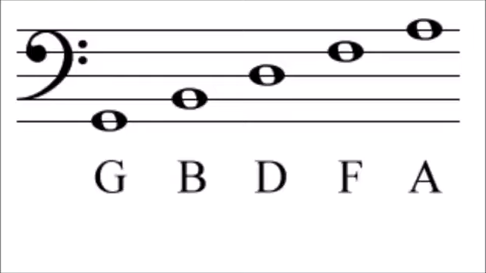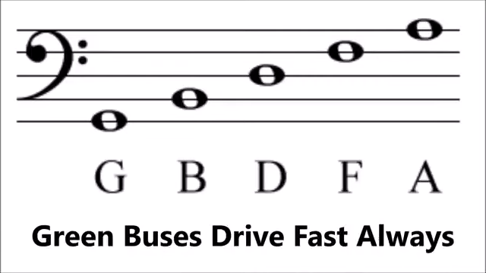Line 1 is named G. Line 2 is named B. Line 3 is named D. Line 4 is named F. And line 5 is named A. This gives us G, B, D, F, A. There are quite a few phrases for this, such as green buses drive fast always, or good boys deserve football always.